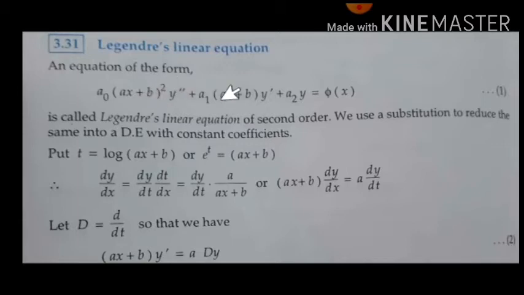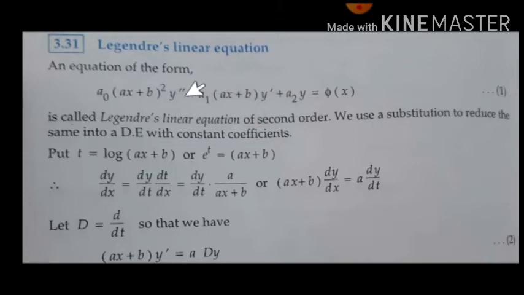So observe y dash also has a variable as a coefficient, ax plus b. But you need to observe that it is in a standard form like ax plus b. With y dash, the first derivative, you get power 1 of ax plus b.